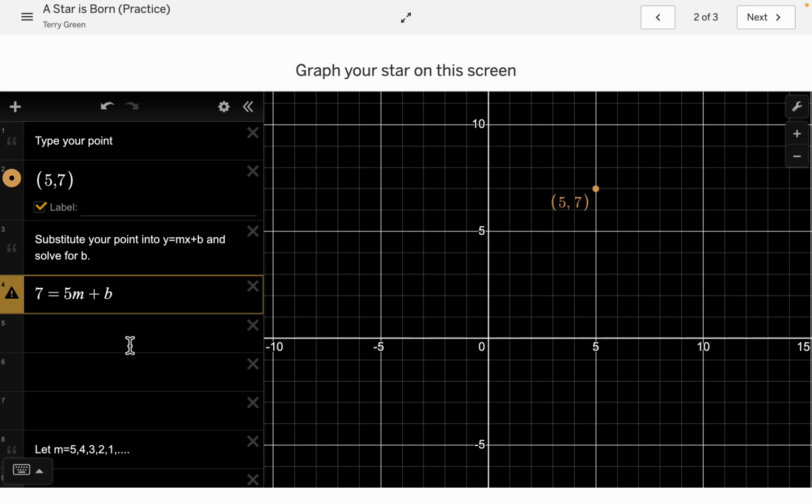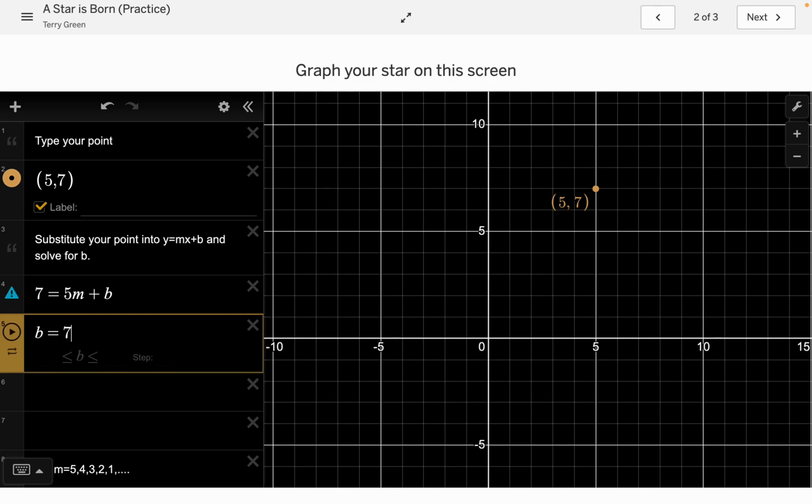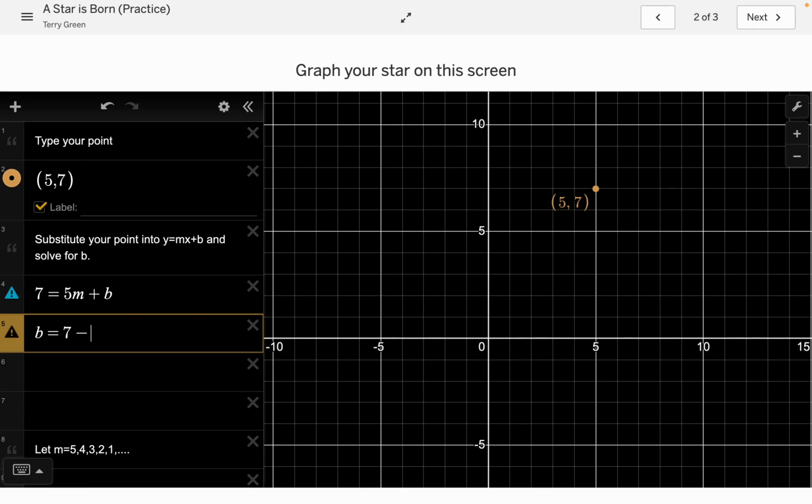Okay? So that's the equation I need to solve for b. If I solve that for b, then I subtract 5m from both sides. I'm going to end up with b equals 7 minus 5m.